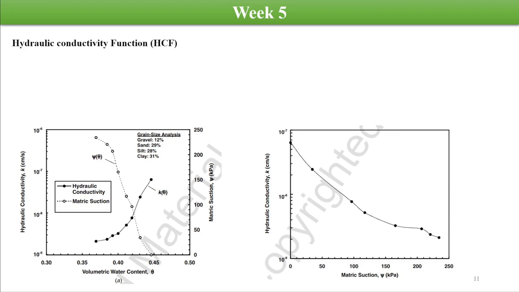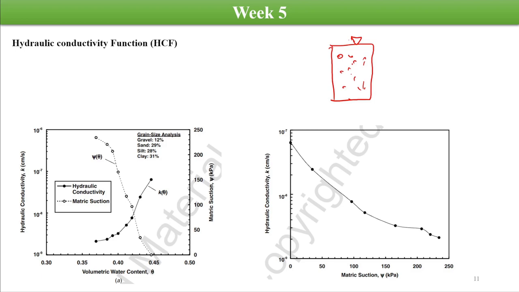Okay, so in saturated soils, we have studied that as the soil is fully saturated, the hydraulic conductivity remains constant. But in the unsaturated soil, because of the matric suction and because of the change in the moisture content at different points, the hydraulic conductivity changes over different points, right?